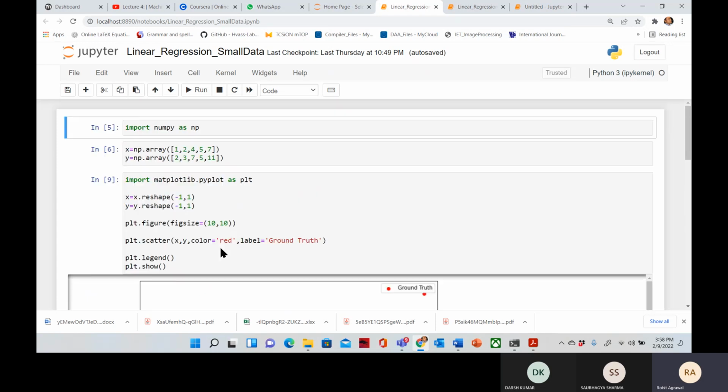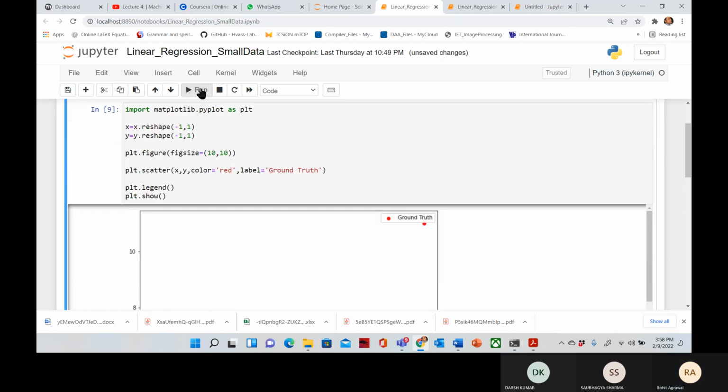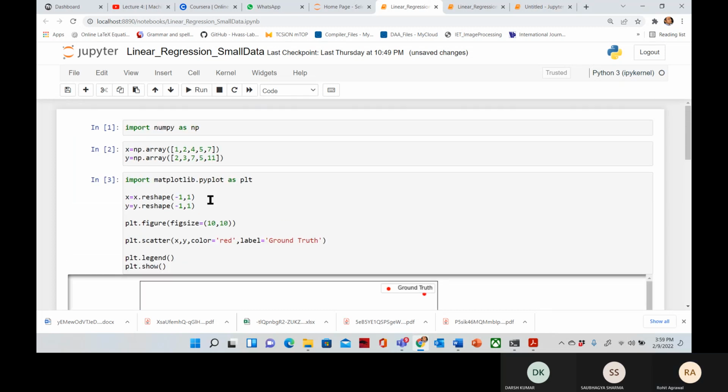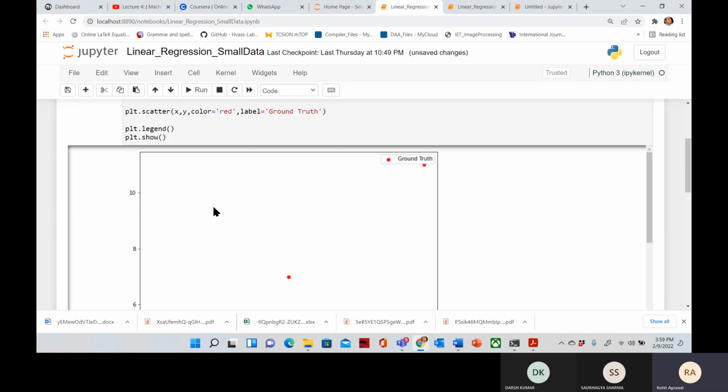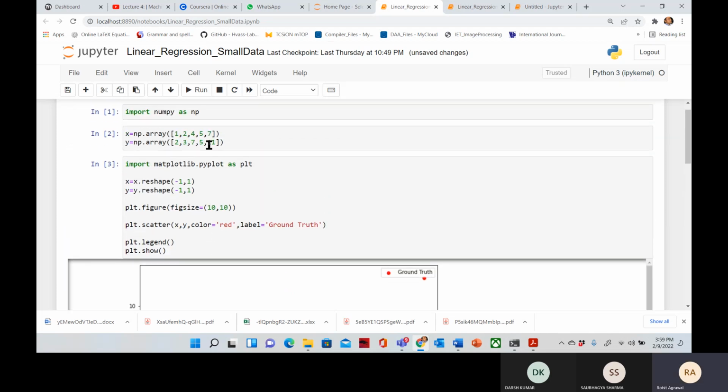Okay, see. So this time we are using import numpy as np. And using this we are creating our data. So this is our data here. This is clear. X and Y we have just created.